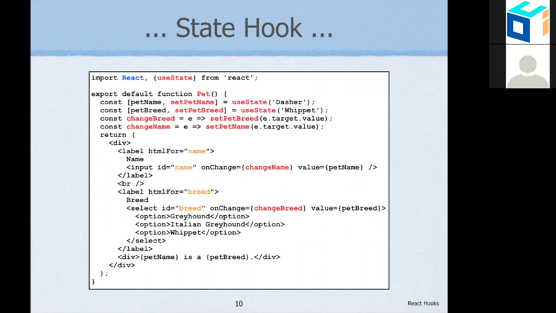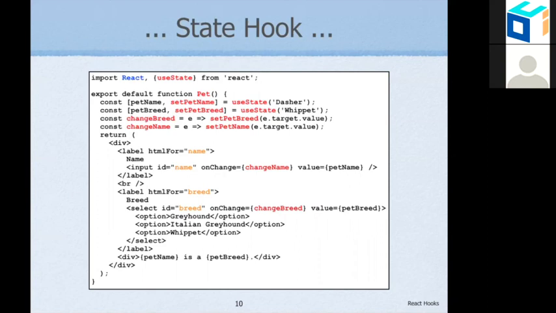And now that I have changeBreed and changeName, I'm ready to tell it the JSX that I want to render. You see that I have an input in there for the name of the pet. When I get a change event, I call changeName, that'll be passed the event, and then I'll be updating my piece of state. The same way for the select element below, that's keeping track of the pet breed.